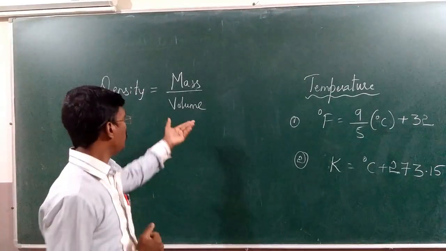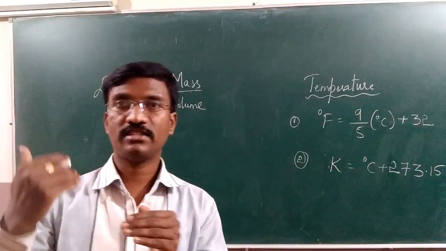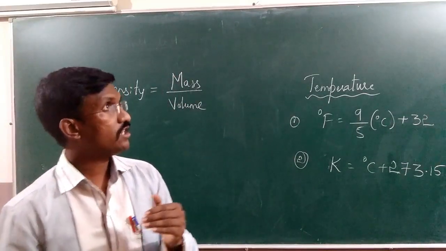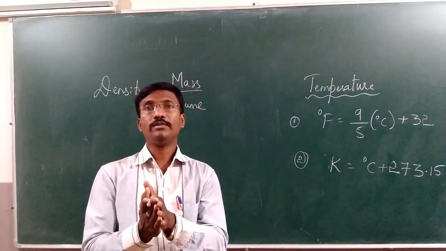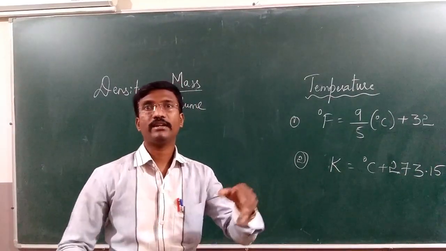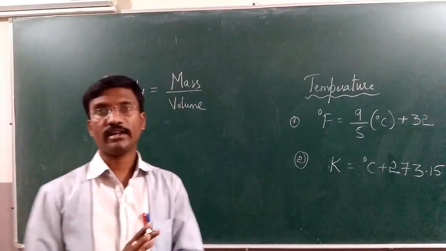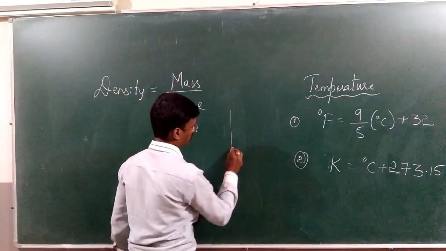Volume is a 3-dimensional structure along x-axis, y-axis and z-axis. If I ask what is the volume of this room, you have to calculate the length, breadth and height together, that is the volume. It means in 3 dimensions.